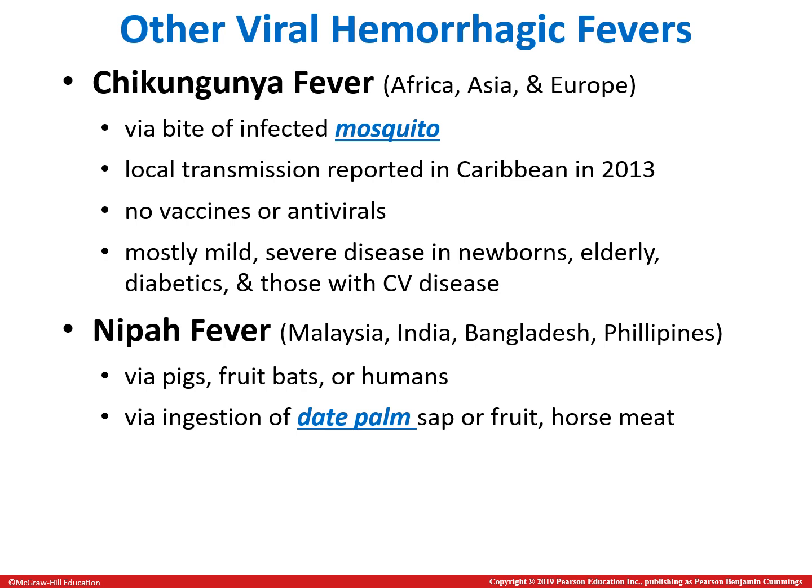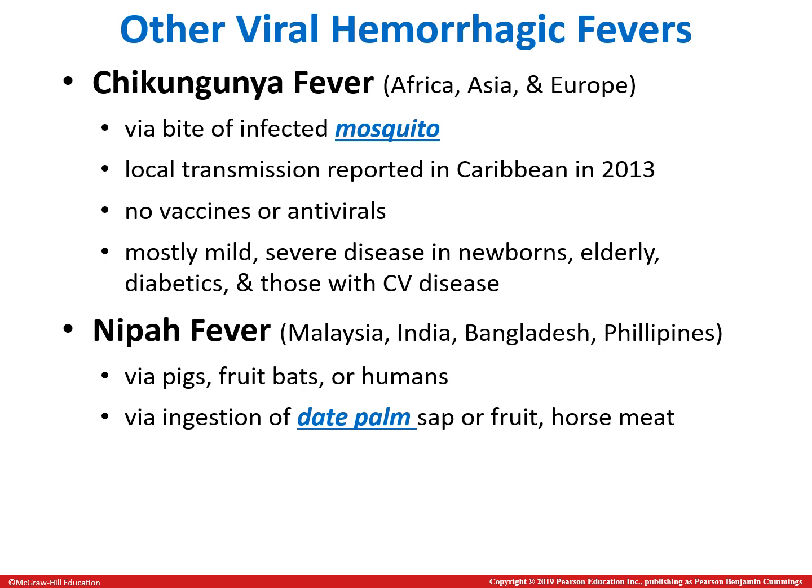How pigs get it is, very often in this part of the world, pigs are not very tolerant of full sun, and so very often the orchard is where they keep their livestock as well, because it's a tree. Any of the date palm fruits that the fruit bats eat and maybe don't consume the whole thing, their saliva carries the virus.